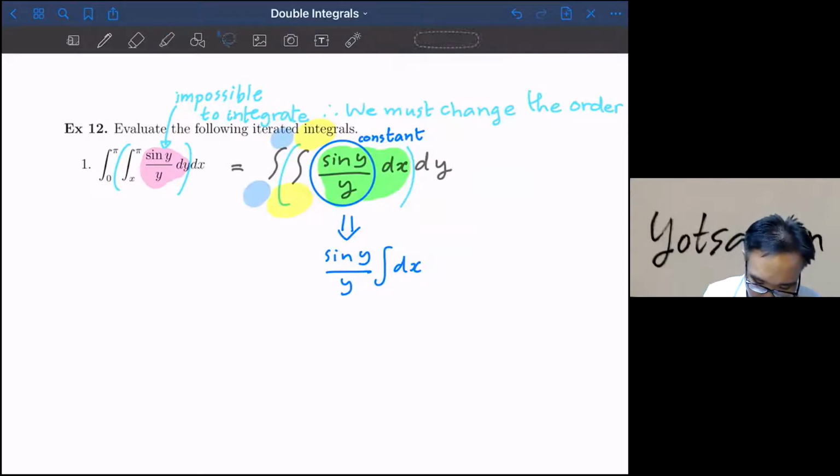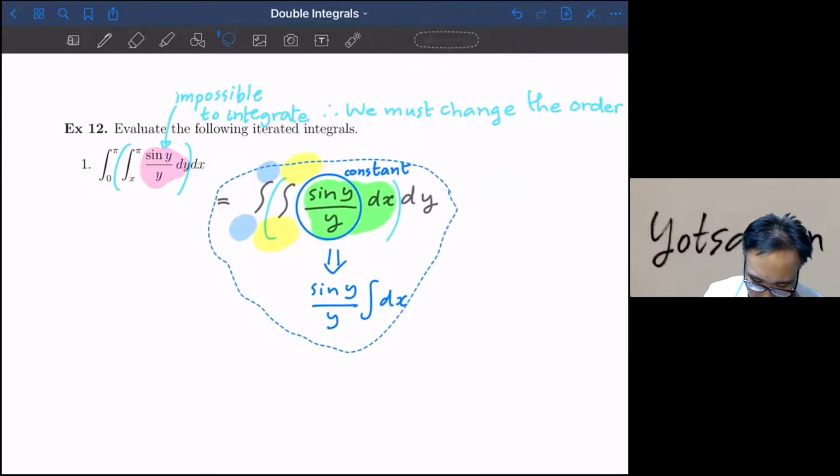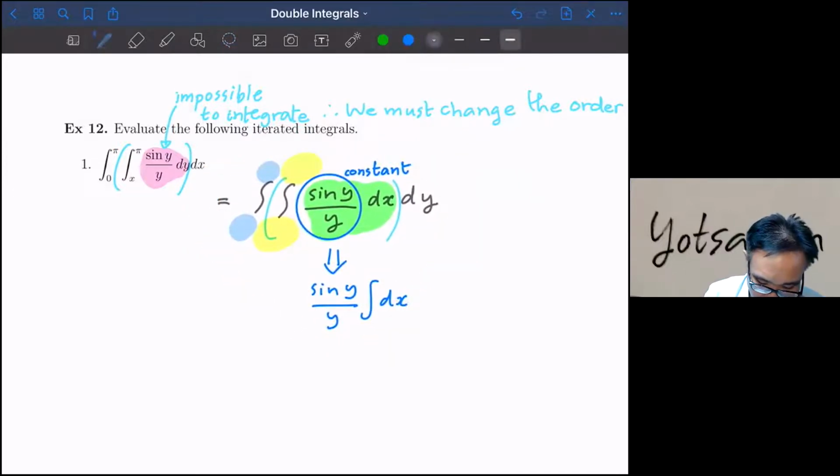For this one, let me move everything a little bit lower. This is the thing that we must do, the yellow one and the blue one. How would we do that? We're going to sketch the region. What do we see?